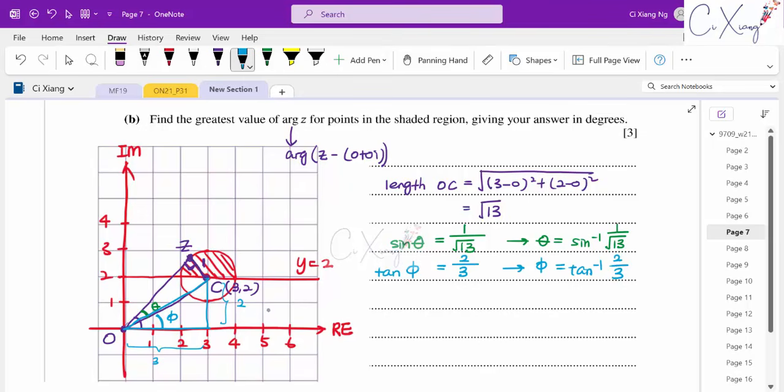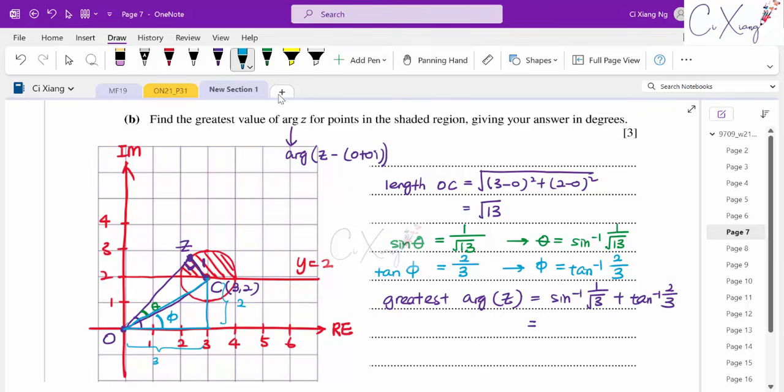Now you have successfully found the green angle and the blue angle. Therefore, to get the greatest argument Z, you just need to add them together. So the greatest argument Z equals sine inverse of 1 over square root 13 plus tangent inverse of 2 over 3.